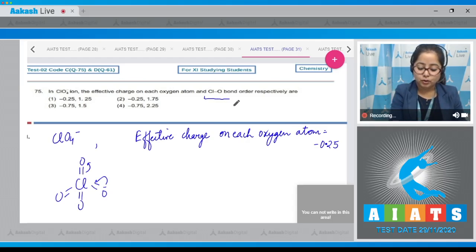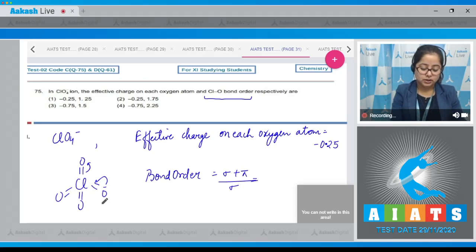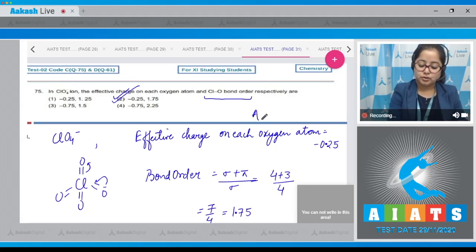Now the bond order of ClO bond is equal to number of sigma bonds plus number of pi bonds upon number of sigma bonds. Sigma bonds are 4 and pi bonds are 3, upon 4. That is 7 by 4, which is equal to 1.75. So the correct answer is represented in option number 2.